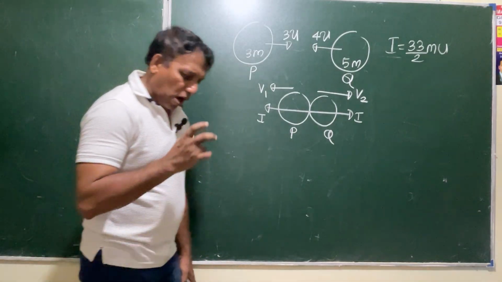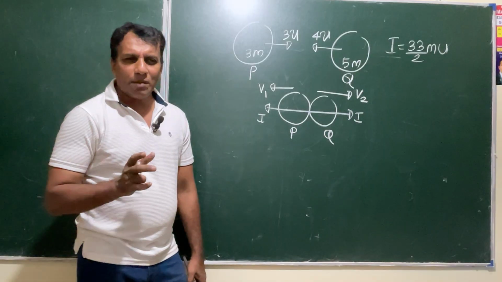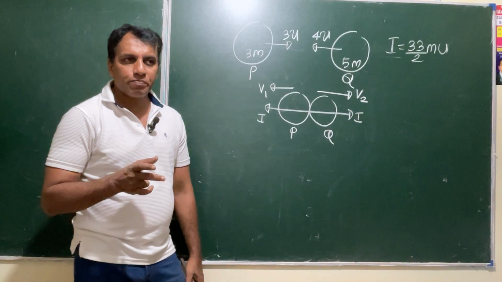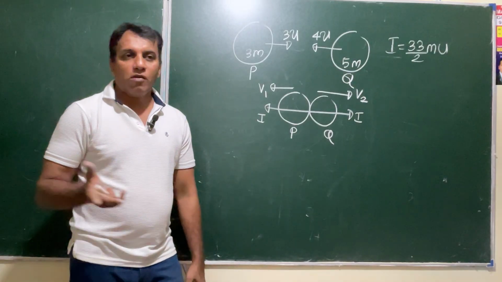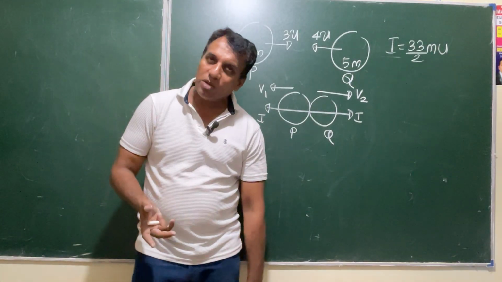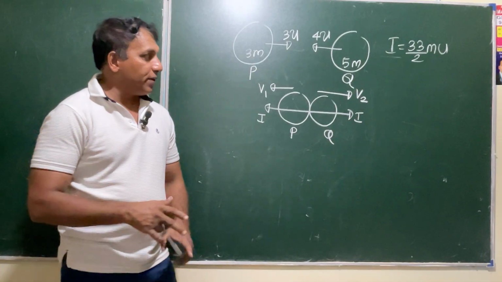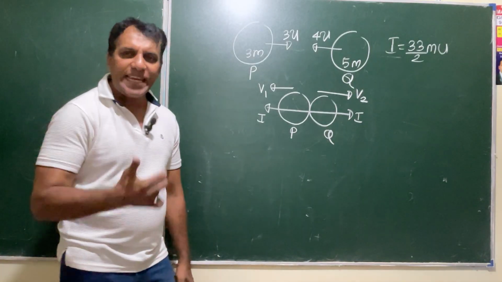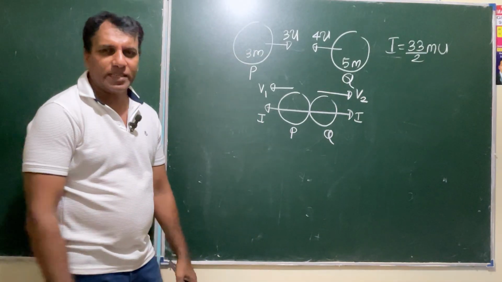In answering such impulse questions, we frequently use the principle of conservation of momentum, final momentum equals initial momentum, or Newton's law of restitution, separation velocity equals e into approaching velocity, but here that is not necessary.